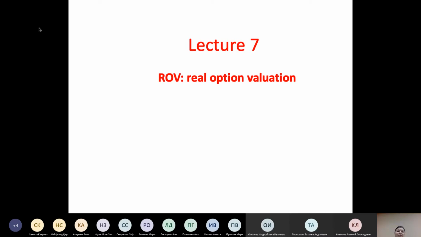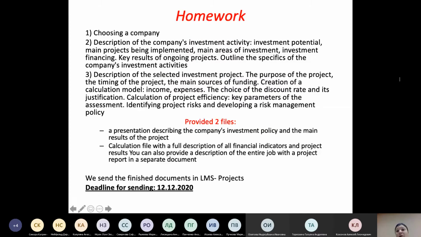And by the end of our second module, we have to present our homework. As we analyzed the structure of our homework earlier, first of all, you have to prepare this homework in groups.